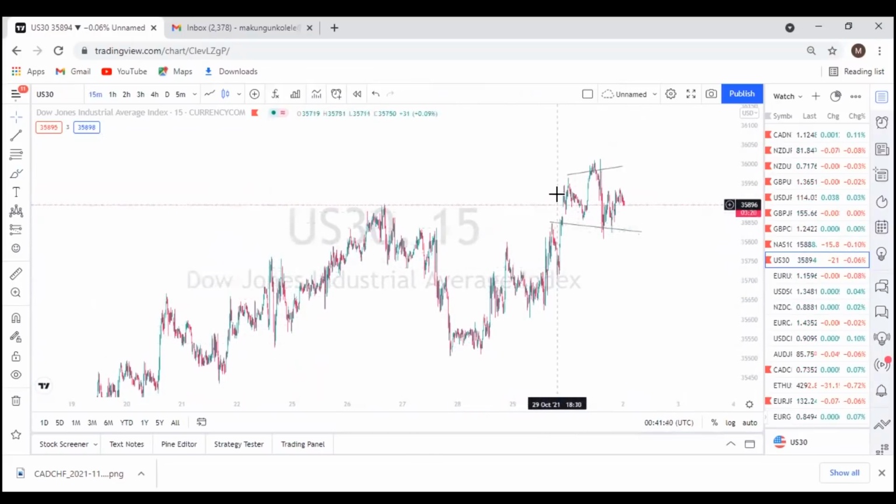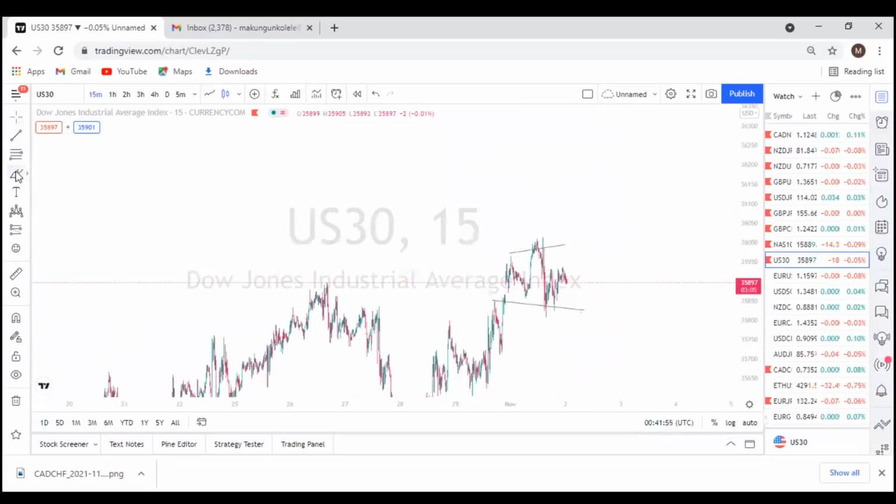From this point, we had this huge momentum to the upside, which is an impulse, followed by a correction, and every time after an impulse and a correction, there's another impulse. So we are definitely in favor of the market going up instead of going down, because that would be super confusing for us.